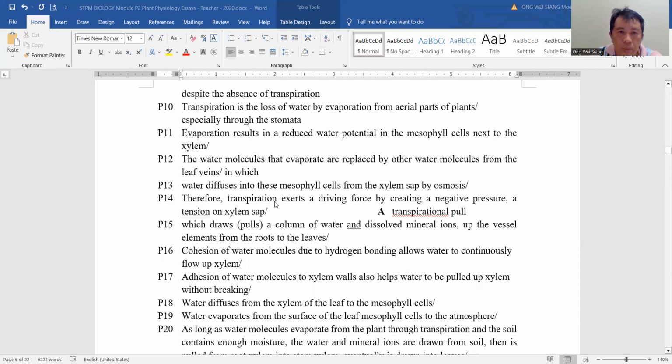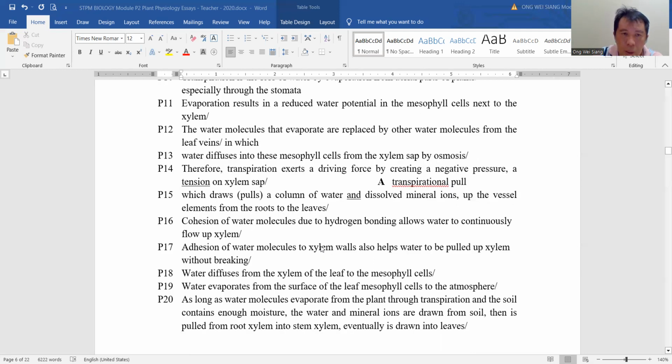Therefore, transpiration exerts a driving force by creating a negative pressure, a tension on xylem sap, which draws a column of water and dissolved minerals, ions, up the vessel elements from root to leaf.